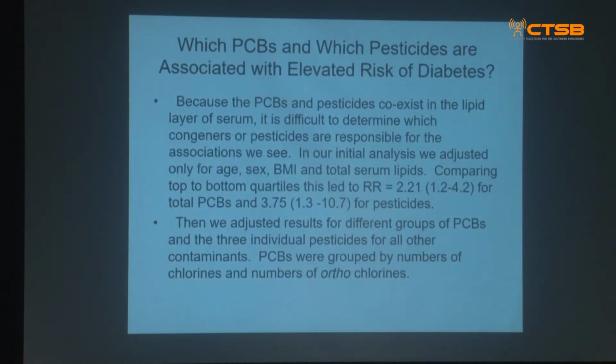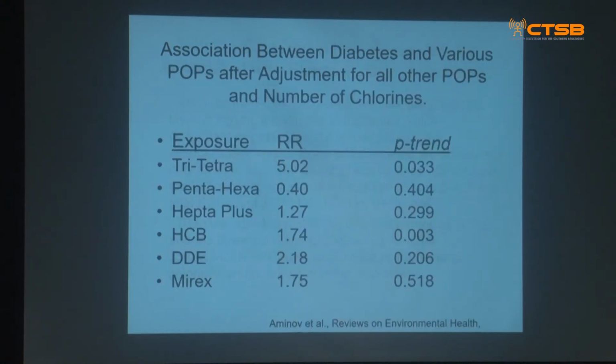Okay, then the next question. So we had done this work early on, and this shows those results, that our initial results looking at total PCBs and total pesticides suggested that the pesticides were worse than the PCBs. But we sort of asked the next question, well, which PCBs are important? And so we analyzed PCBs that had 3 and 4 chlorines.